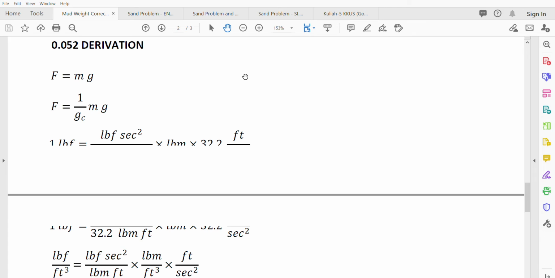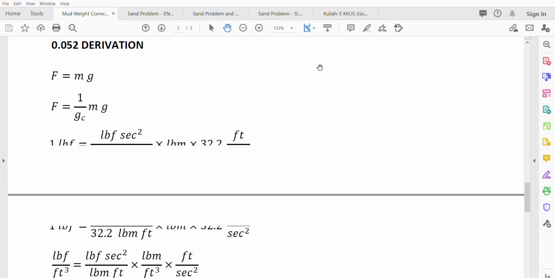But in this case, if you have 1 pound force, it is caused by 1 pound mass, because 1 pound mass has an acceleration, so it ends up being the same as 1 pound force.